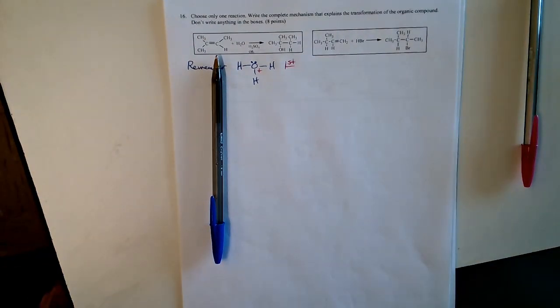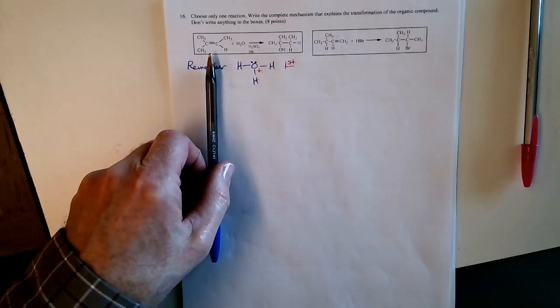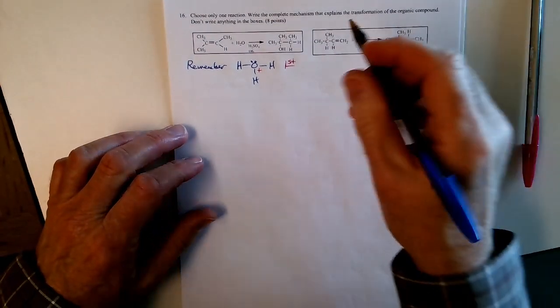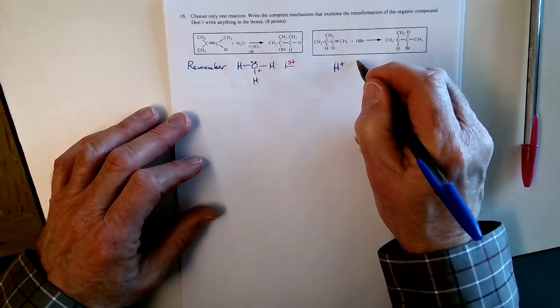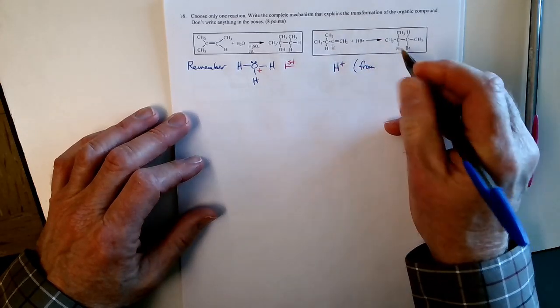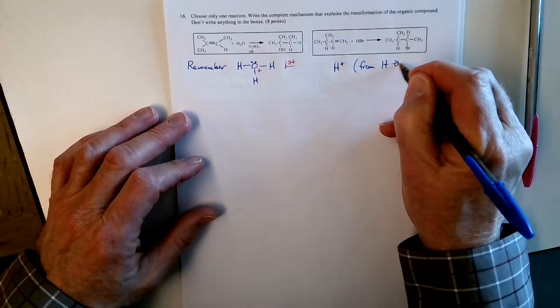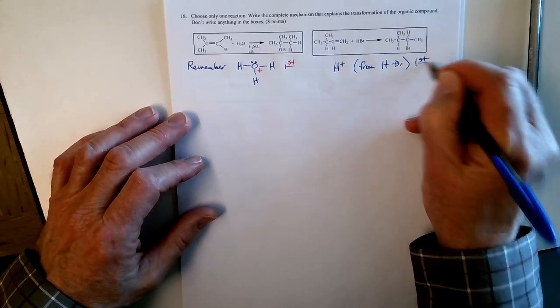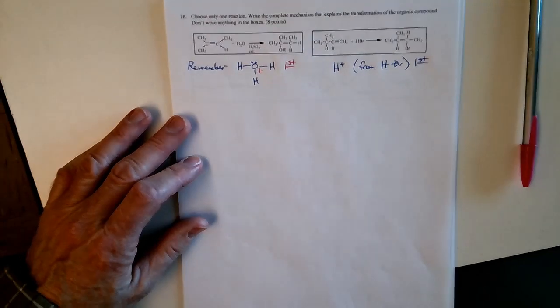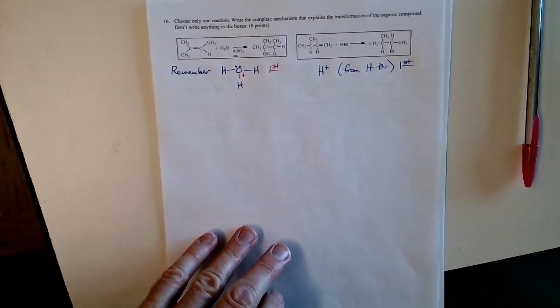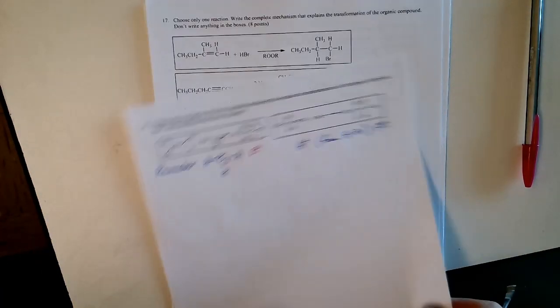Nothing else jumps out at me there, I guess. Okay, and this one, H plus from HBr, that's first. Usually if you can get off to a start like that, those will go okay, or at least better than otherwise.